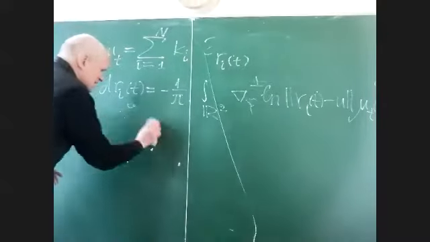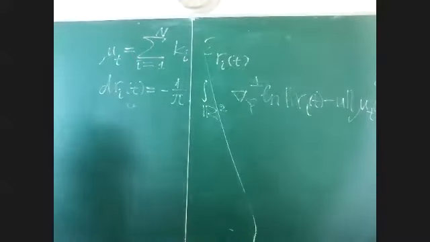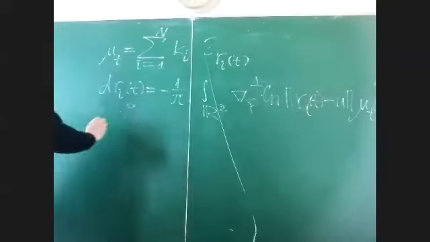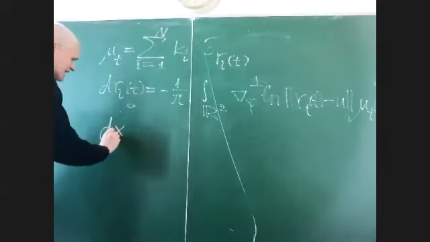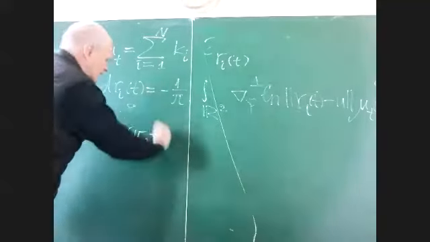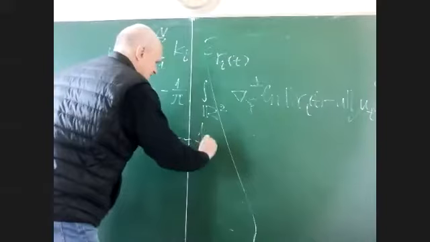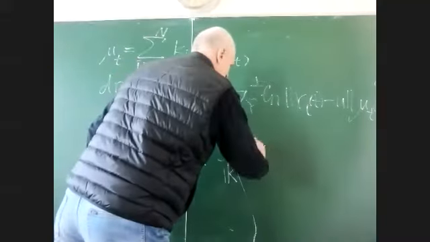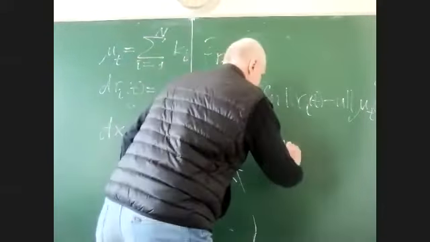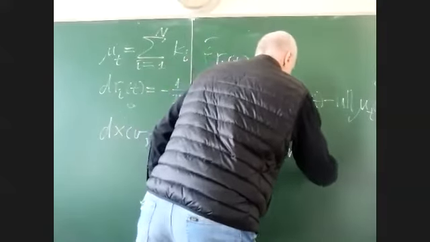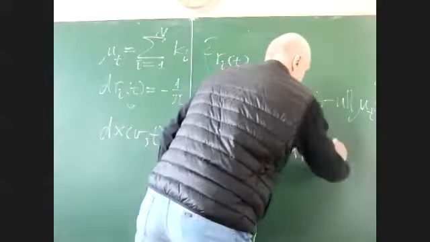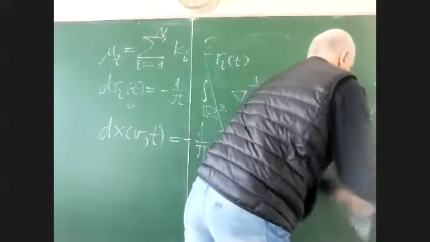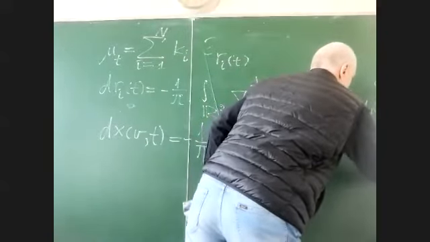How can one modify it in this way? Let us write together with this equation the formula dx(t)/dt equals minus 1 over pi times the integral of the same function, logarithm of x(t) minus u, with respect to mu_t(du).